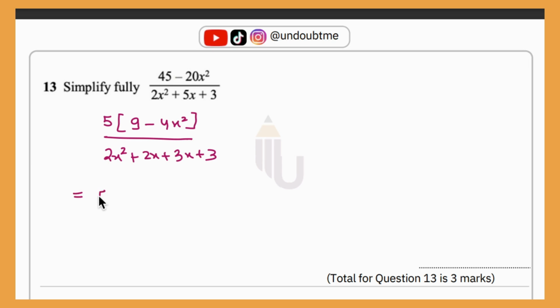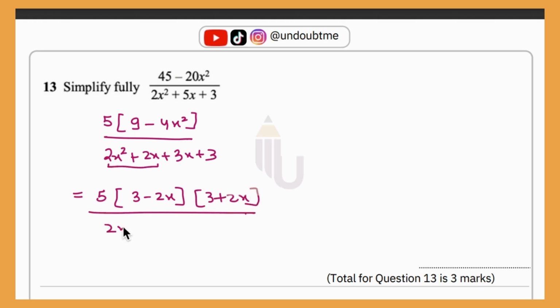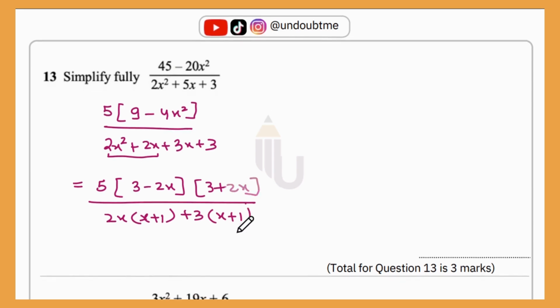Now the next step will be 5 times of 3 minus 2x, 3 plus 2x over, from the first two terms I'll take 2x common, so it will be x plus 1, plus 3 common, so it will be x plus 1 again.